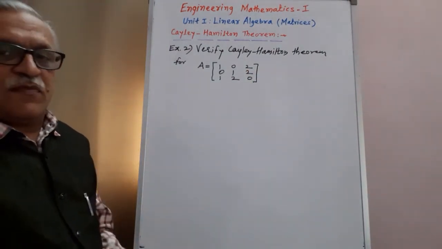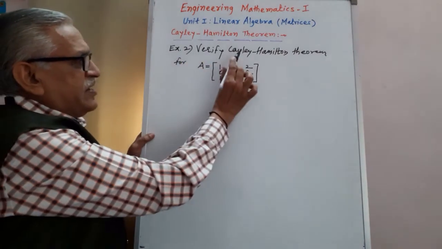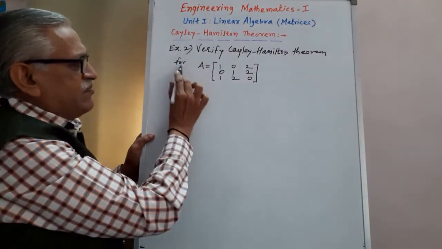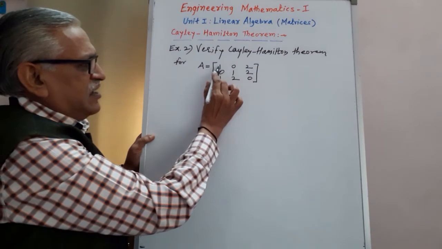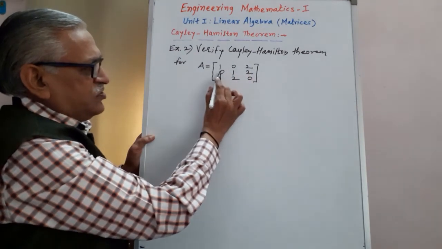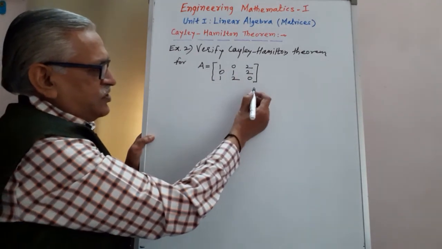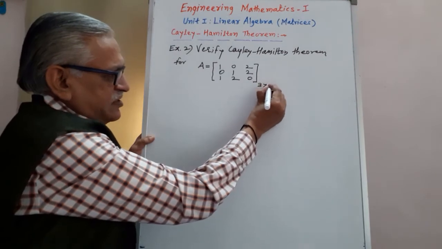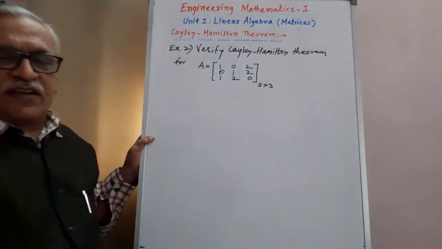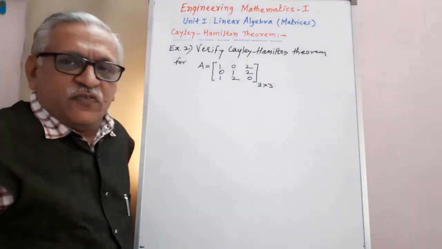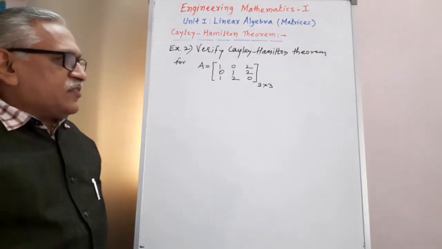Let us see the second example. Verify the Cayley-Hamilton theorem for matrix A with the elements 1 0 2, 0 1 2 and 1 2 0. The order of this matrix is 3 by 3. It is a square matrix, and for a square matrix only we can verify this Cayley-Hamilton theorem.